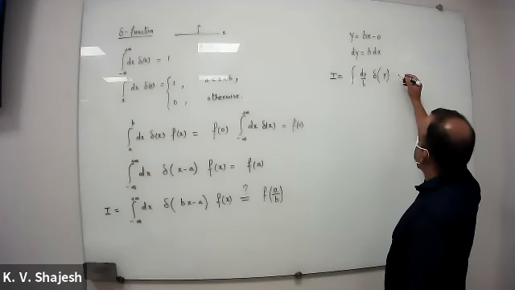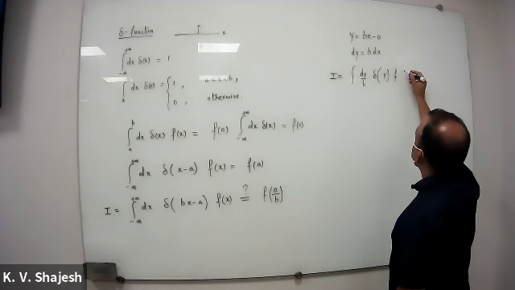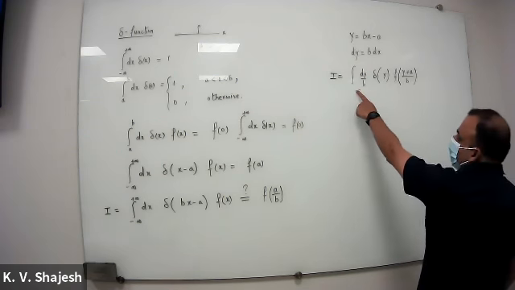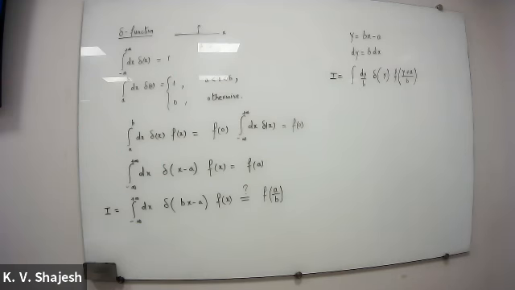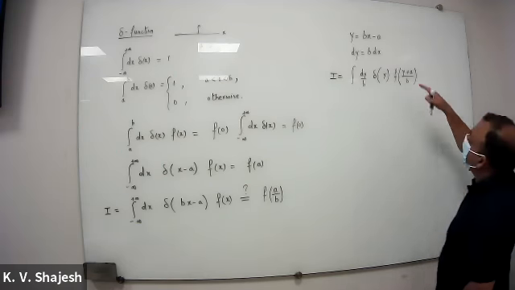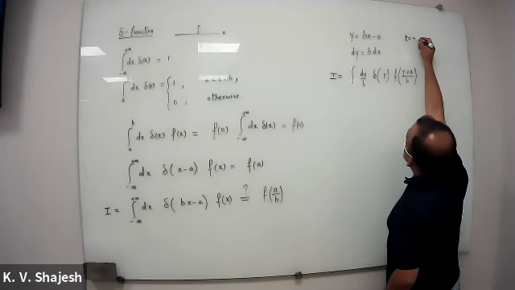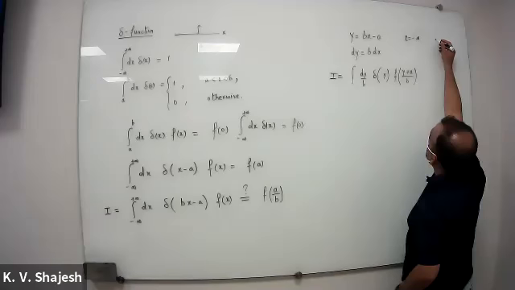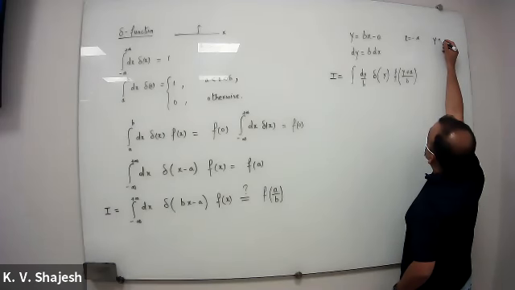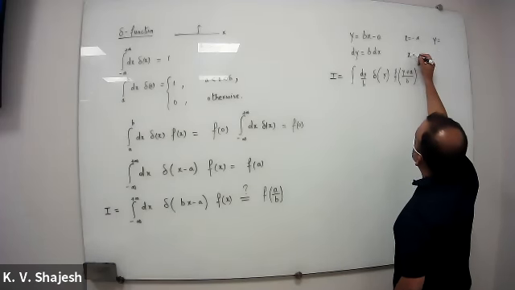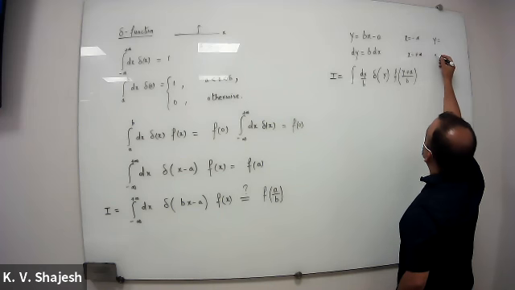And f of x is nothing but, x has to be written in terms of y, so I would say it is y plus a over b. And I have to evaluate the limits. So let's ask the question: when x is equal to minus infinity, what is y? And when x is equal to plus infinity, what is y?